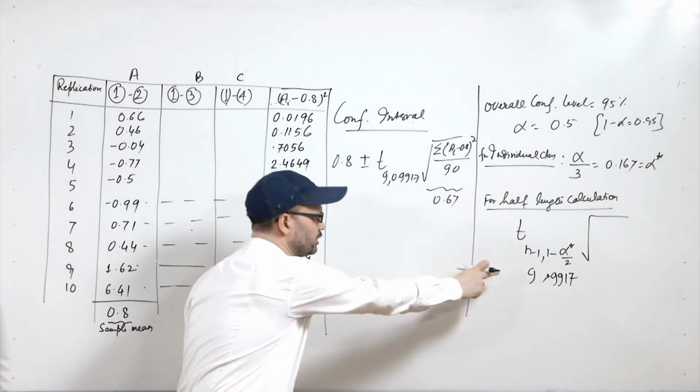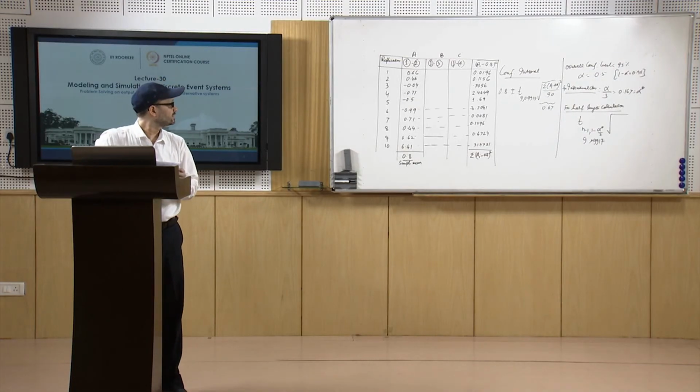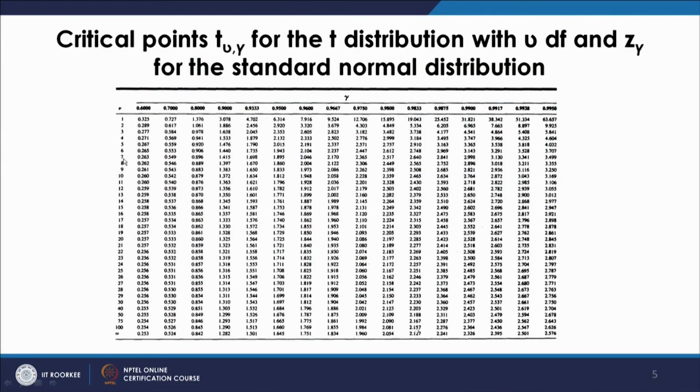And if you look at this table, T 9 and 0.9917, again we will go to the table. For 9 degrees of freedom we have to go to 0.9917 in the top row. So, this is the value, 2.936, we are getting here against the 9 degrees of freedom.